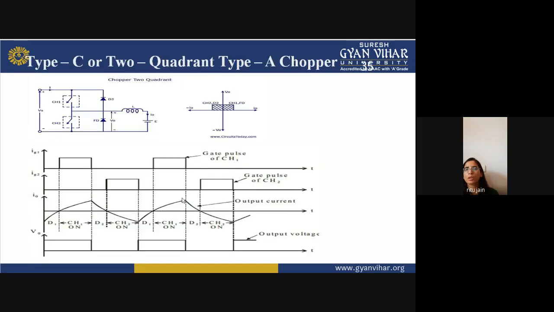You can see from the diagram that when CH2 is turned on, the current is flowing in the opposite direction of the load direction, so the current direction is negative. When CH2 is turned off, the diode will come into conduction, and again the direction of current is negative.